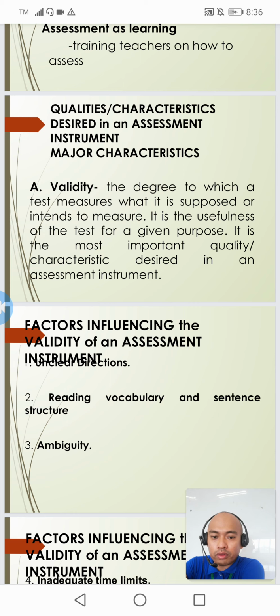And one of the most important qualities that we need to have in our classroom assessment instrument is its validity. When we talk about validity, it is actually the degree to which the test measures what it is supposed or intended to measure.